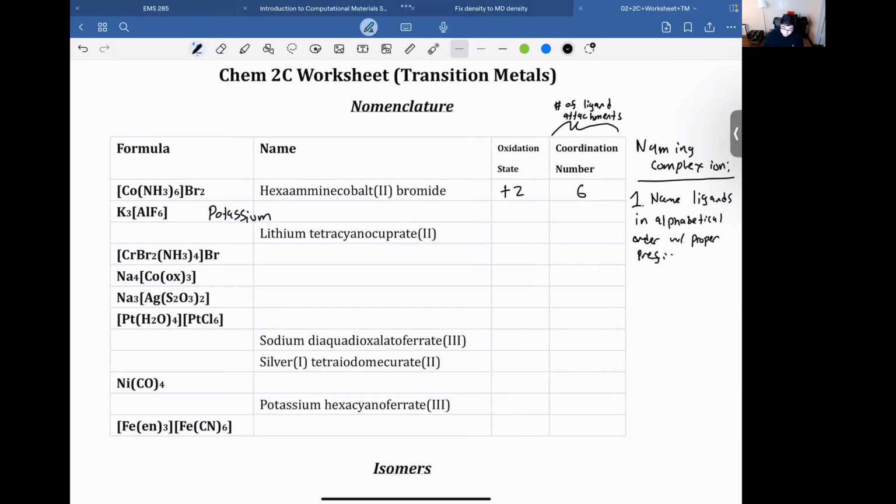So bromo comes before chloro, chloro comes before fluoro, and so on and so forth. So you name the ligands. Then the next part is you name the transition metal.